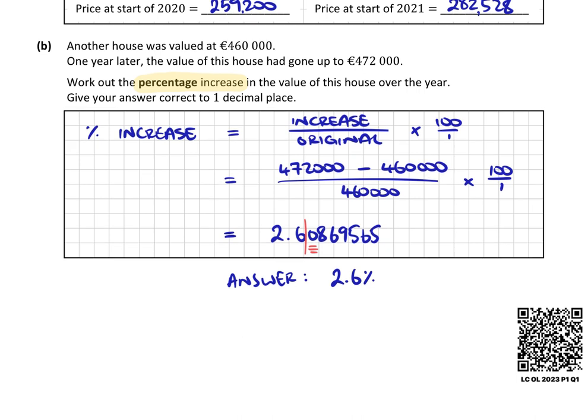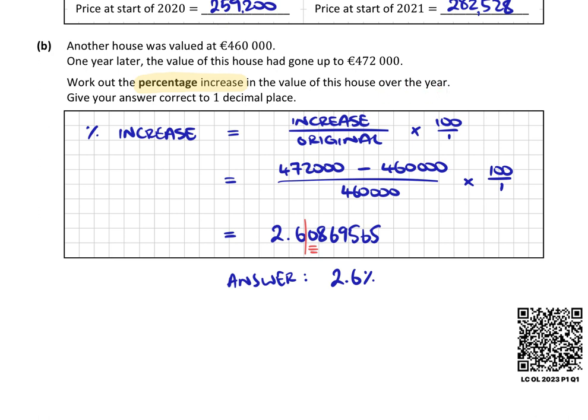So in part B, it says another house is valued at 460,000. One year later, the price of this house had gone up to 472,000. Work out the percentage increase in the value of this house over the year.